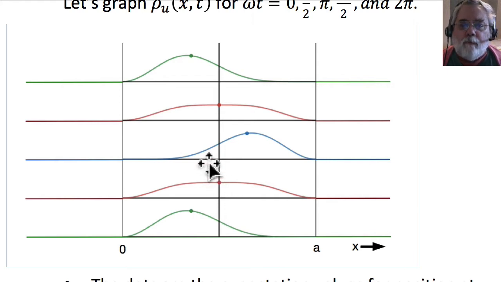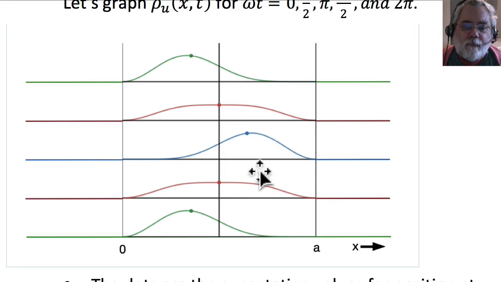Now the blue curve is omega t equals pi, and the probability density has shifted to the right side. The expectation value is on the right side.